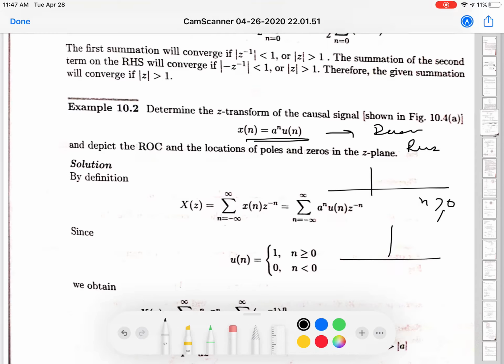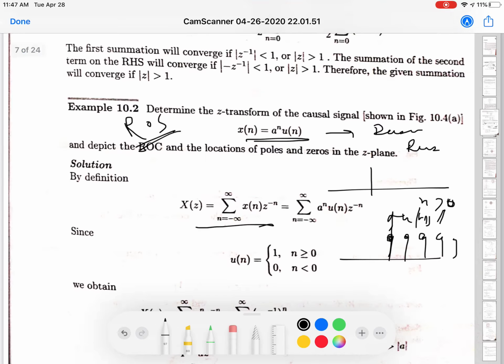Right sided means it is defined for n greater than or equal to 0, because u[n] starts from n equal to 0, like this u[n] function. So it is defined for n greater than or equal to 0, so it is a right-sided sequence.